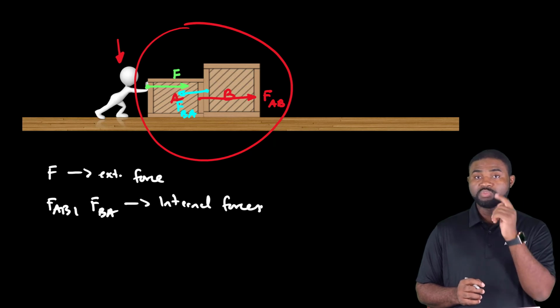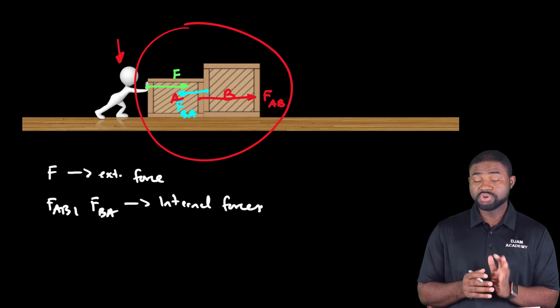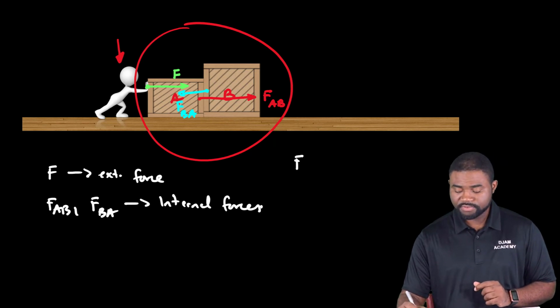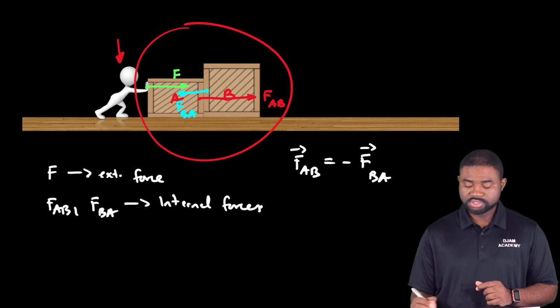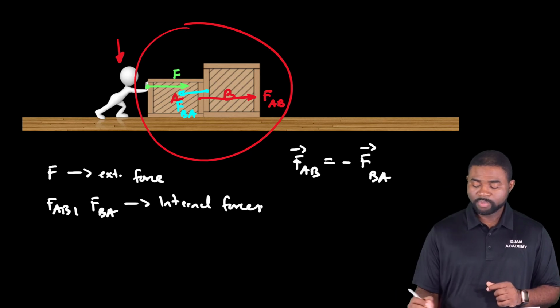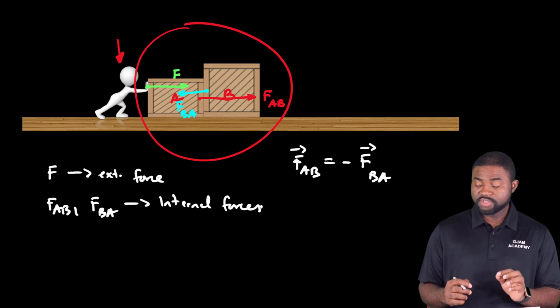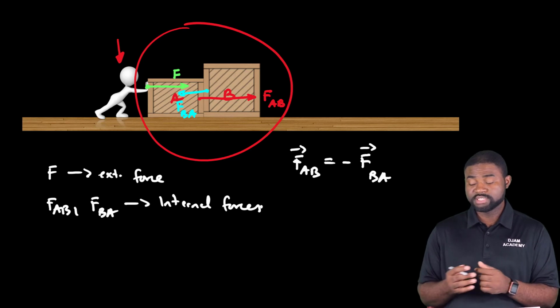Now here's the key point I want to make. By virtue of Newton's third law, we know that FAB is equal to negative FBA. In other words, the magnitude of FAB is equal to the magnitude of FBA, but oppositely directed.